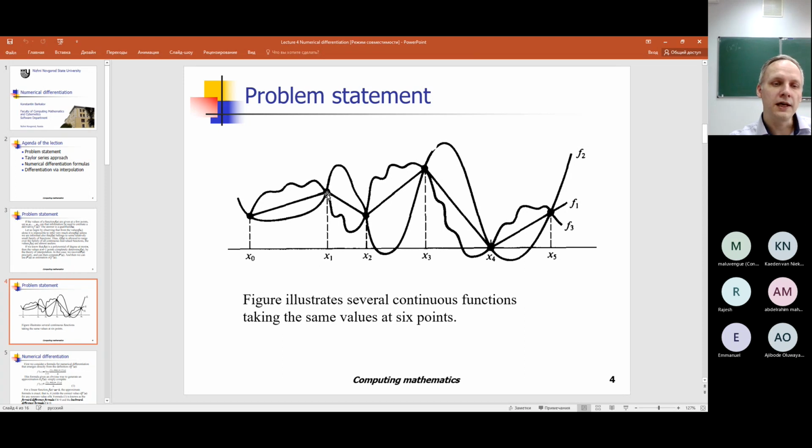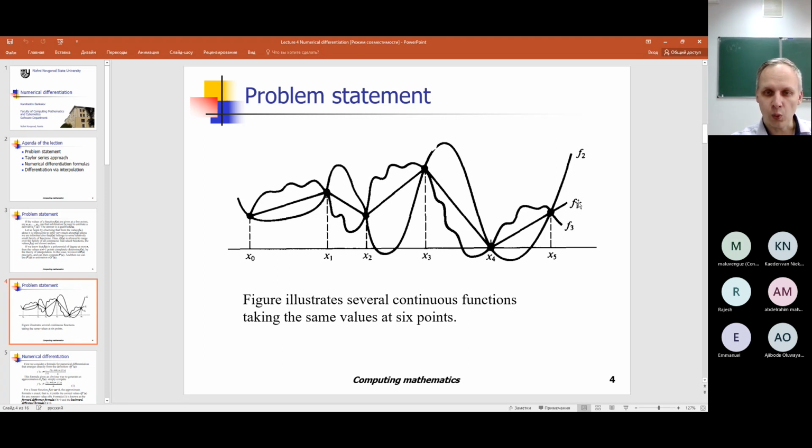If we know that the function that passes through these points is continuous, this information is useless, because there are infinitely many continuous functions.